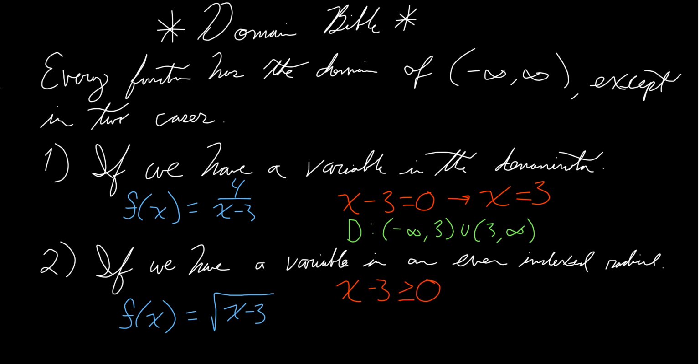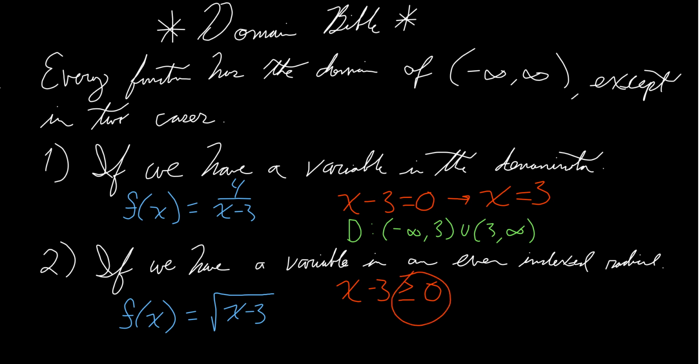For a variable in the denominator, I set up the equation to what I'm not allowed to have. I'm not allowed to have a 0 in the denominator, so I equate it to 0. For a radical, I'm going to set it up to what I know I am allowed to have.